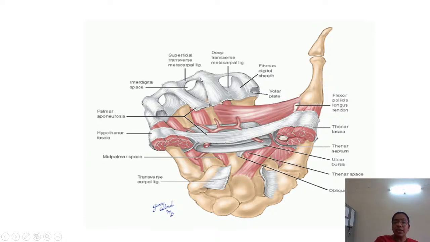The superficial slip of the base merges with the superficial transverse palmar ligament, and the deep slip merges with the deep transverse metacarpal ligament at the metacarpal joints. So it consists of a superficial and a deep slip.